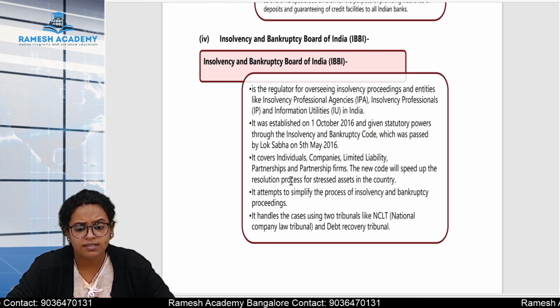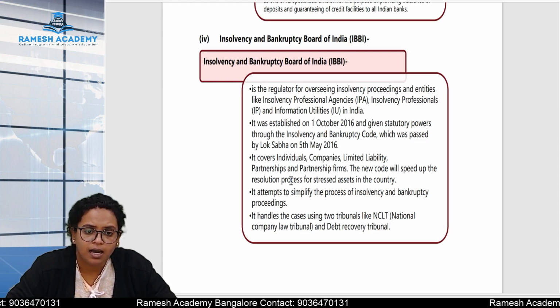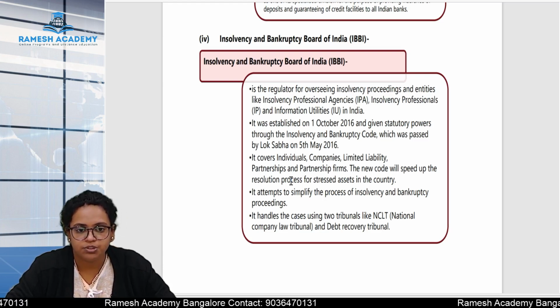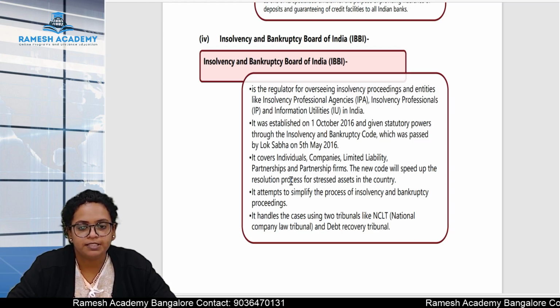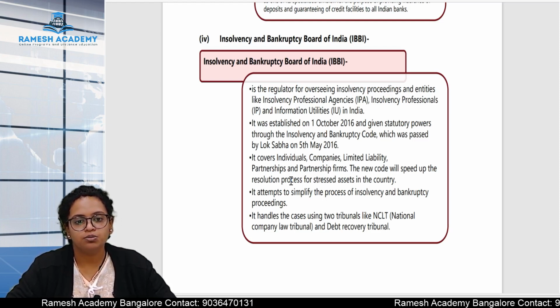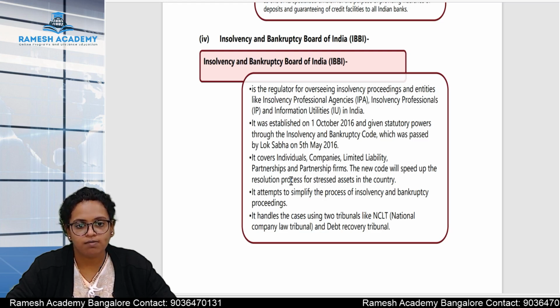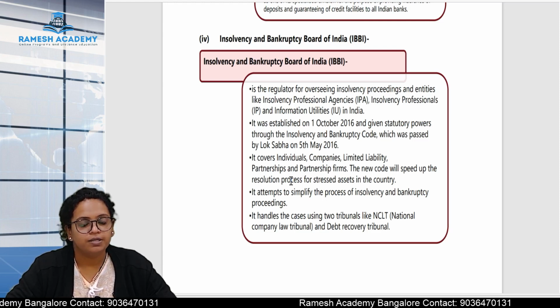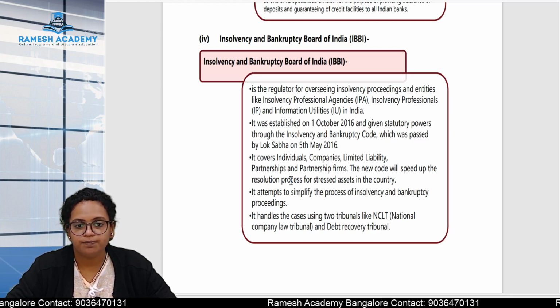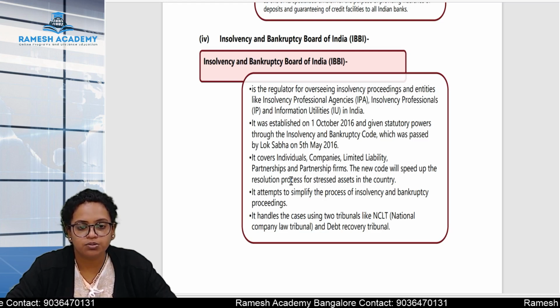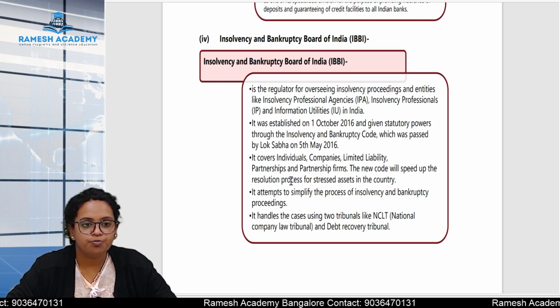Now let us understand why the IBBI was established. Before 2016, it was a very long process for companies to become insolvent and to pay their creditors. A lot of money was getting stuck and a lot of people were getting stuck.